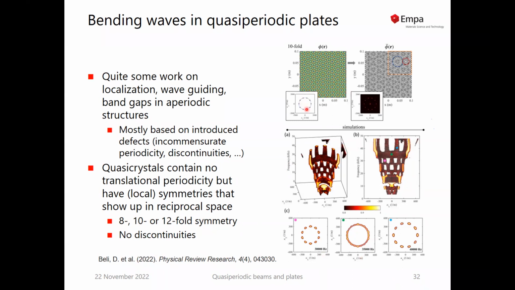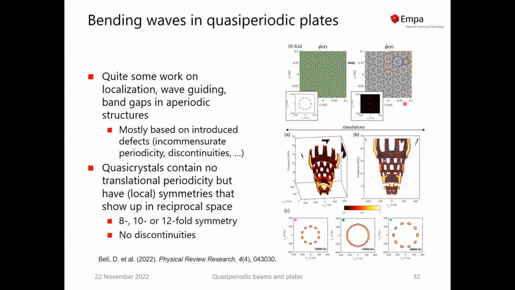They start from 10-fold symmetry in this case. They calculate the inverse Fourier transform of this one to go back to real space. And based on these phase diagrams, they create thick and thin parts within a plate, which result in something that is globally aperiodic.